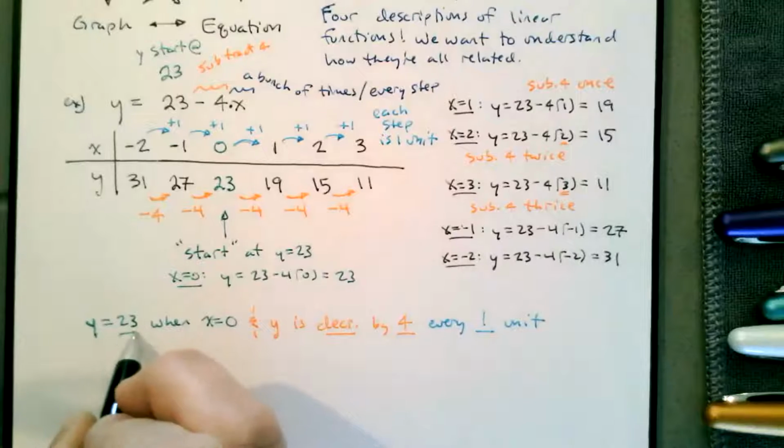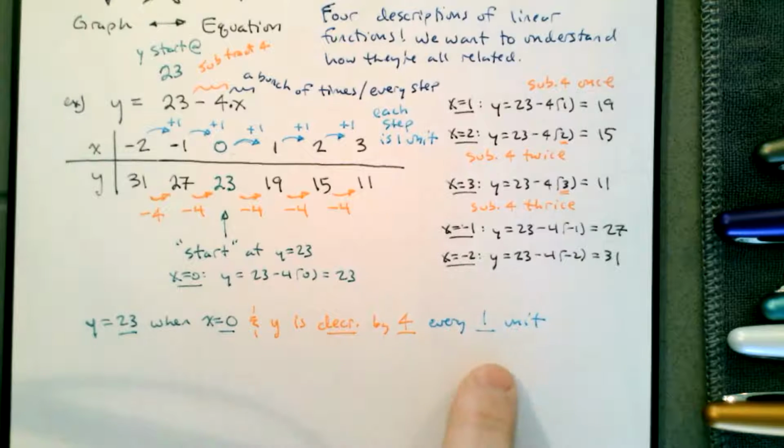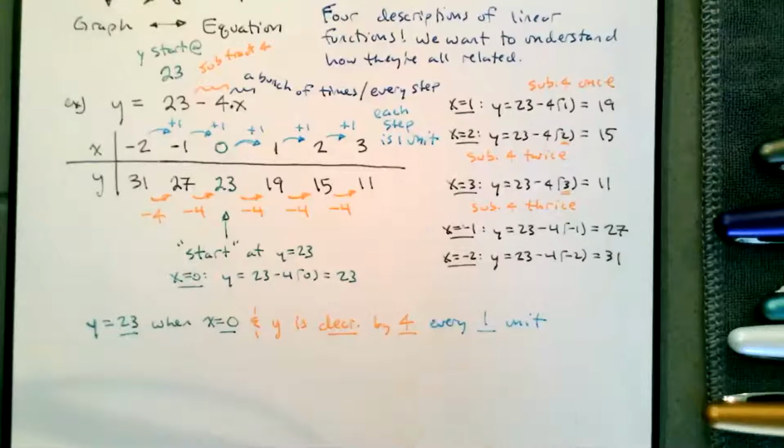Y is 23 when x is 0. Here's where we are deciding where things start. Then we're saying what's happening to the y, and we're saying how often that happens.